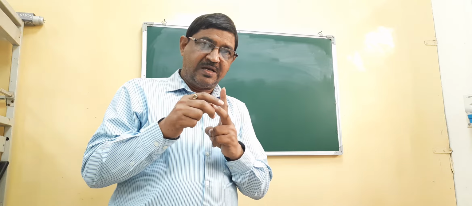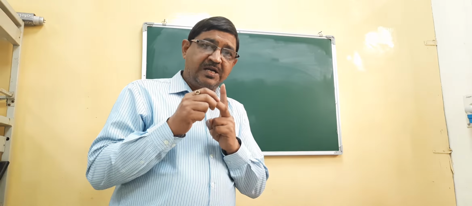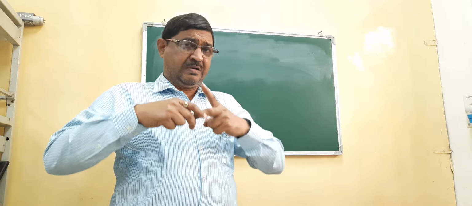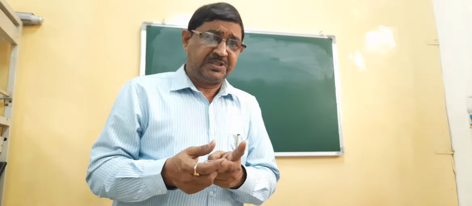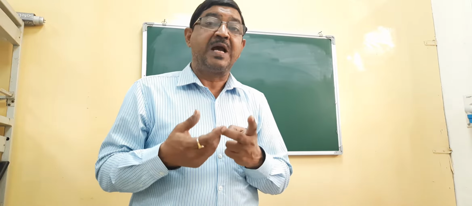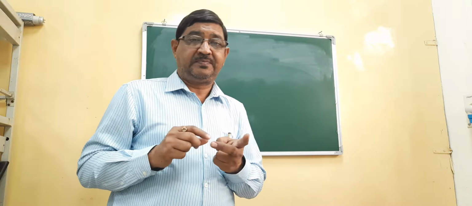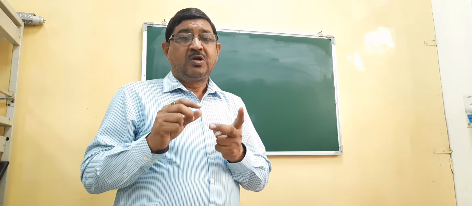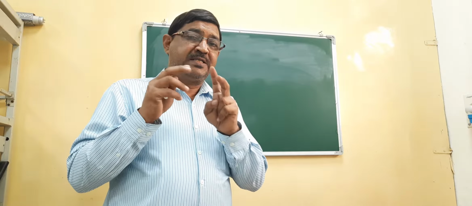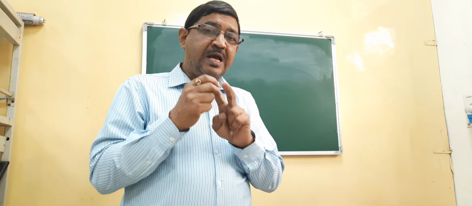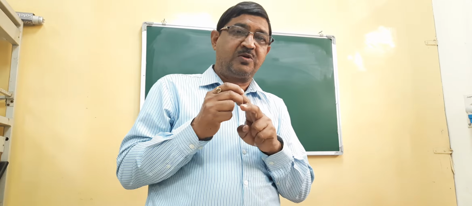We use the term inbred line in cross-pollinated crops, but inbred variety we are now using in self-pollinated crops. Since in self-pollinated crops heterosis is available, we are exploiting the heterosis, and at the same time we are developing hybrids for utilizing the heterosis. So here in self-pollinated crops, two types of varieties we are going to develop.